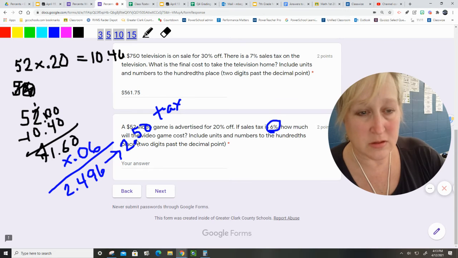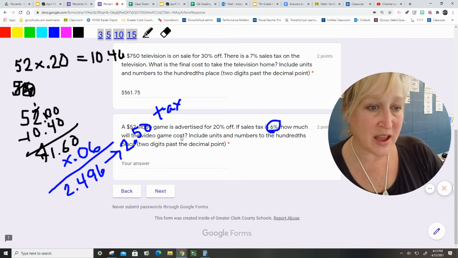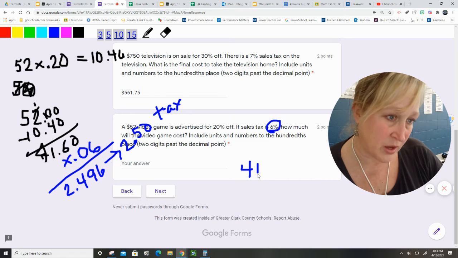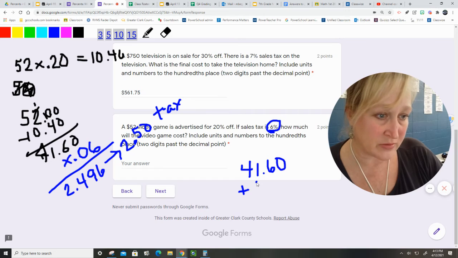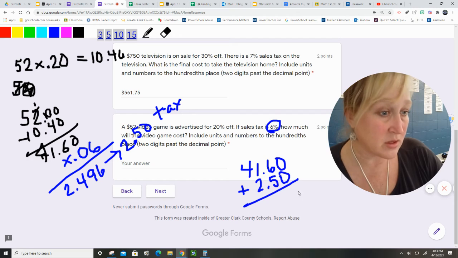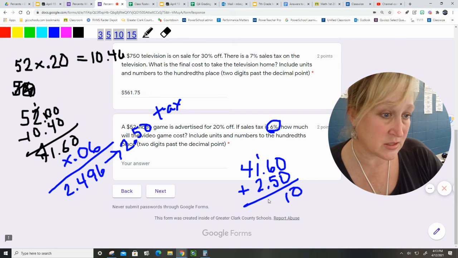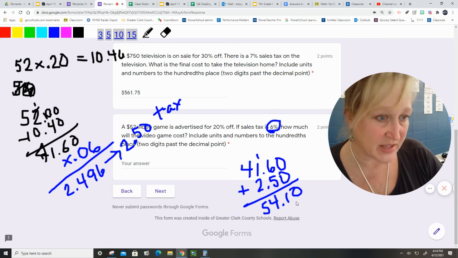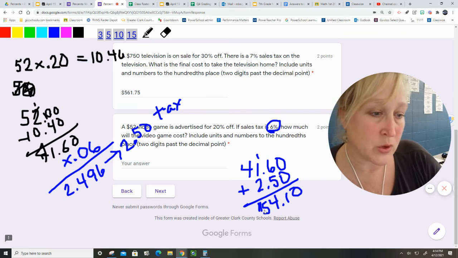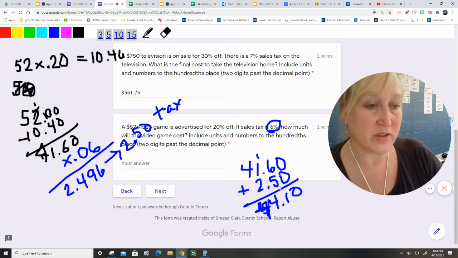Okay. So this is asking how much the video game will cost at the end. So I have to take the on sale video game, $41.60, and I have to add the tax on it of $2.50 because I should round, and I get $44.10.